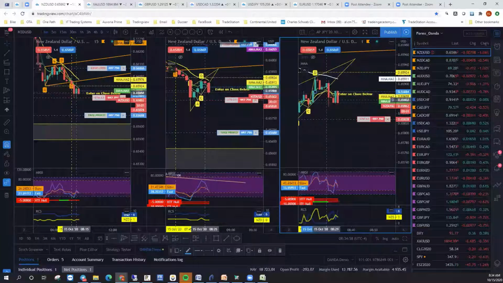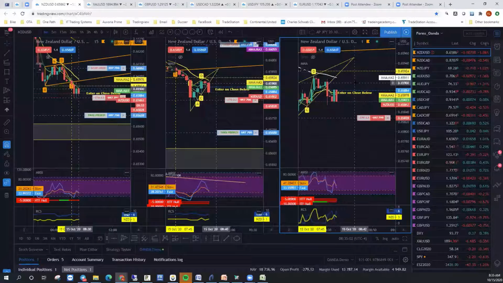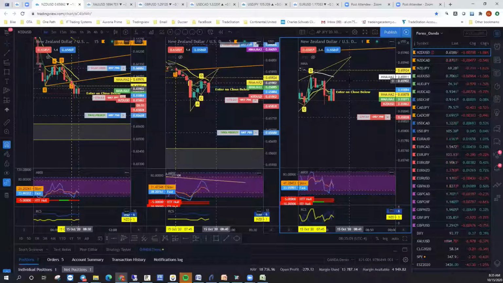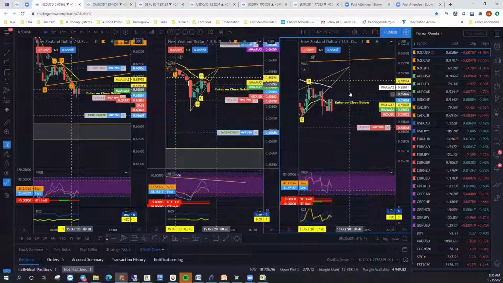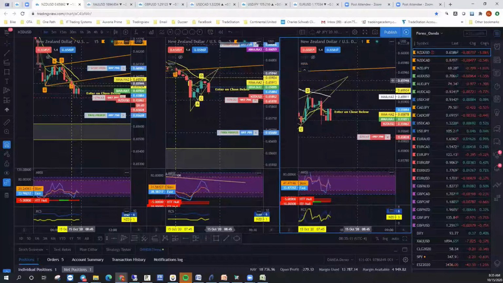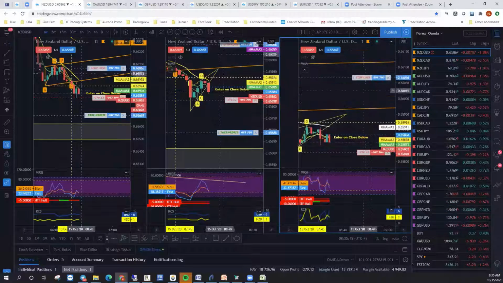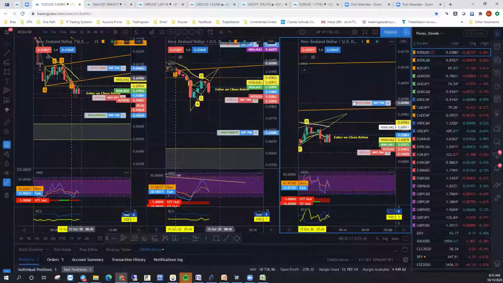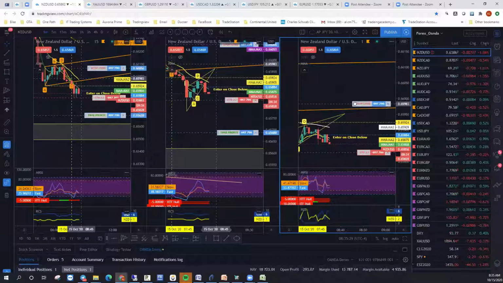This red candle came down, closed below. I tried getting in, it just wouldn't let me take the trade. This was the entry right here, and then the stop and target. The stop is going to still be 7 pips or 10. I'm going to make it 10 pips, so I'm going to move my stop down to 65.88 to 65.98. That's where I'm going to put my stop right there.